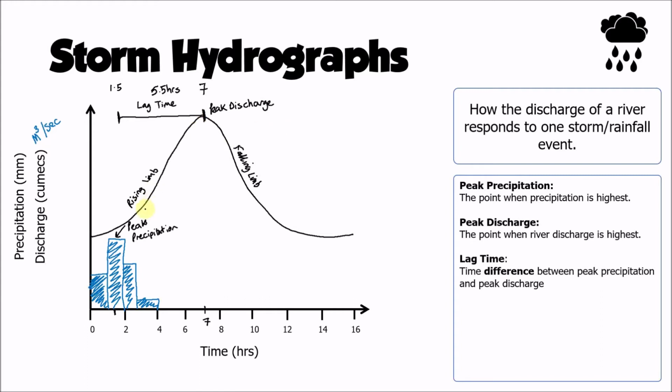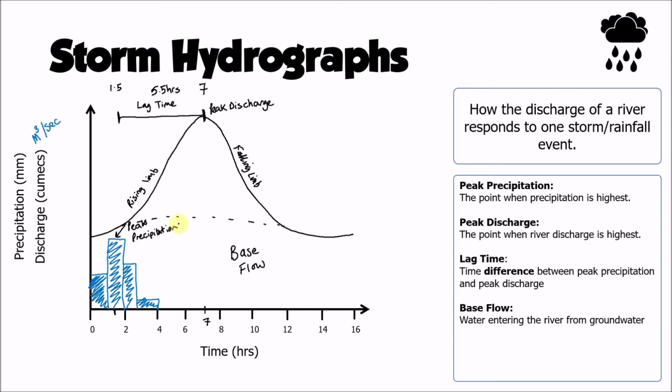A couple of other points to be aware of when we think about hydrographs. One of those is thinking about where this water's come from. So sometimes we separate off the bottom of our hydrograph like this with a little dotted line, and we refer to this bit underneath the hydrograph as the base flow. The base flow is all of the water that's getting into the river through the groundwater.